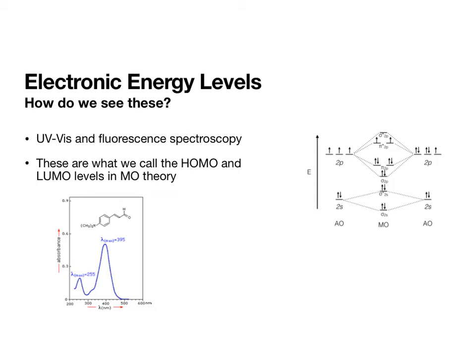If you think back to organic, you would talk about how our highest occupied molecular orbital has electrons in it. We add light, and those electrons can transition to the lowest unoccupied molecular orbital. And when those transitions happen, we get absorption. Okay?